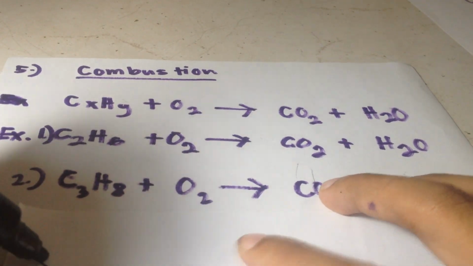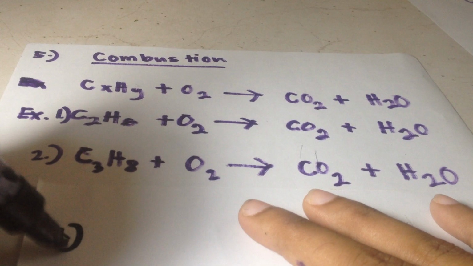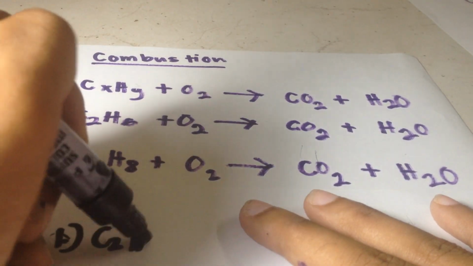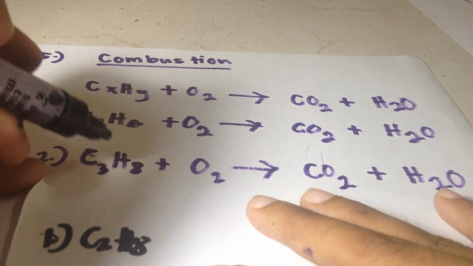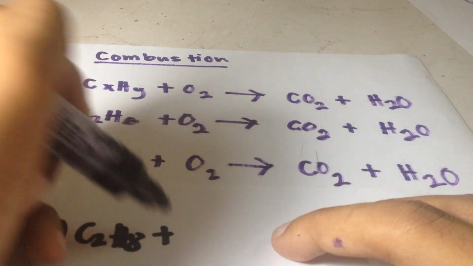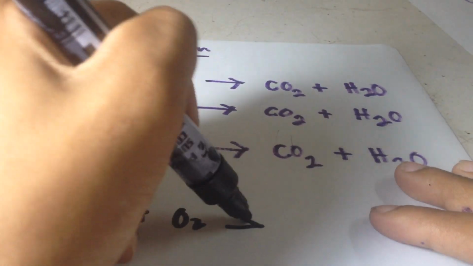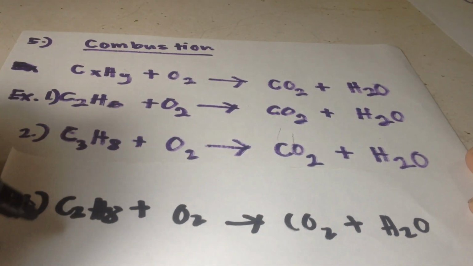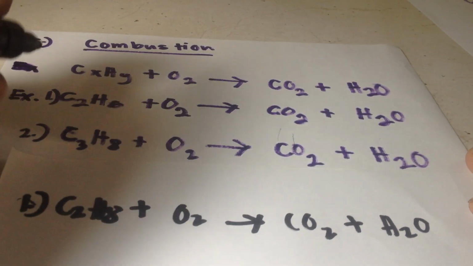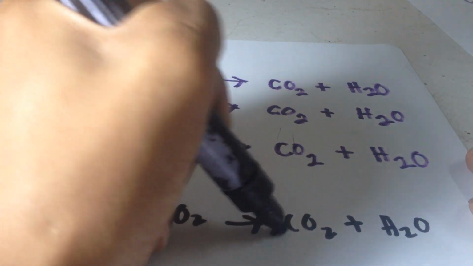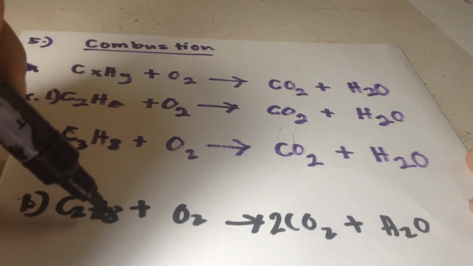So number 1, C2H6 plus O2 reacts to carbon dioxide plus water. There are 2 carbons here, so you need to put a 2 here, and 6 hydrogen, so you need to put a 3.